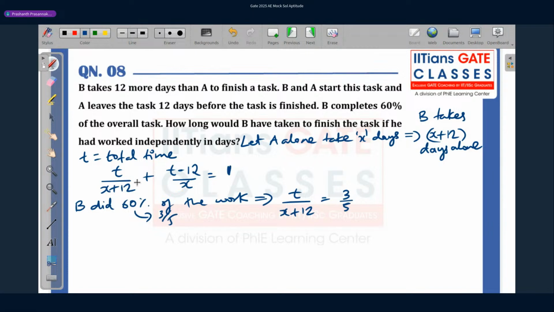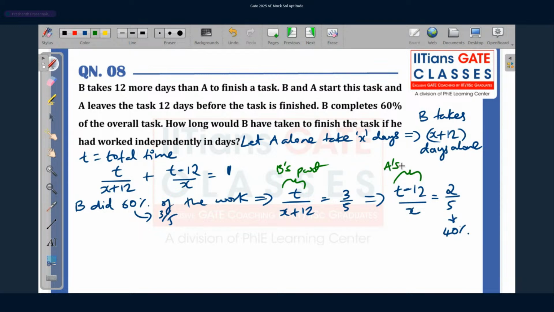So since the first part, T divided by X plus 12, is 3 by 5, this means that the remaining part, that is the part done by A, is going to be 40% or 2 by 5. This is B's part, and this is A's part. Is it clear how I wrote these equations? If that much is clear, then all that remains is solving.